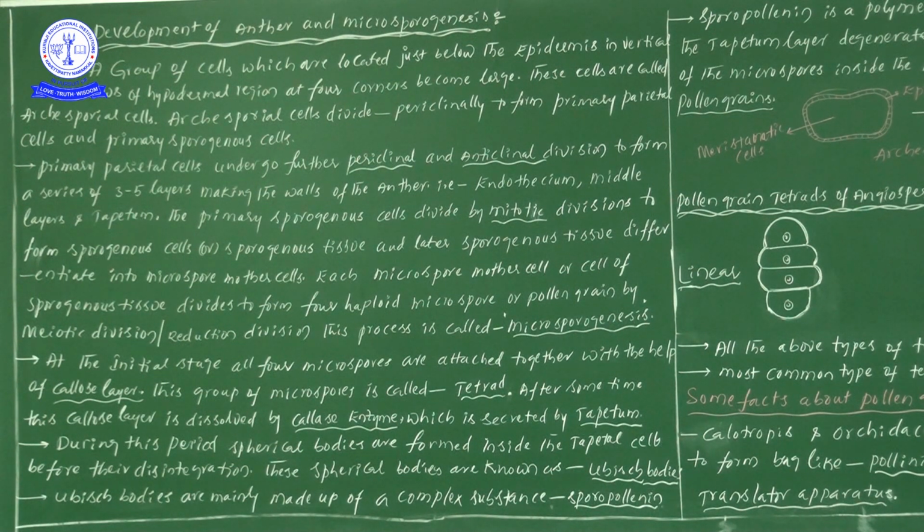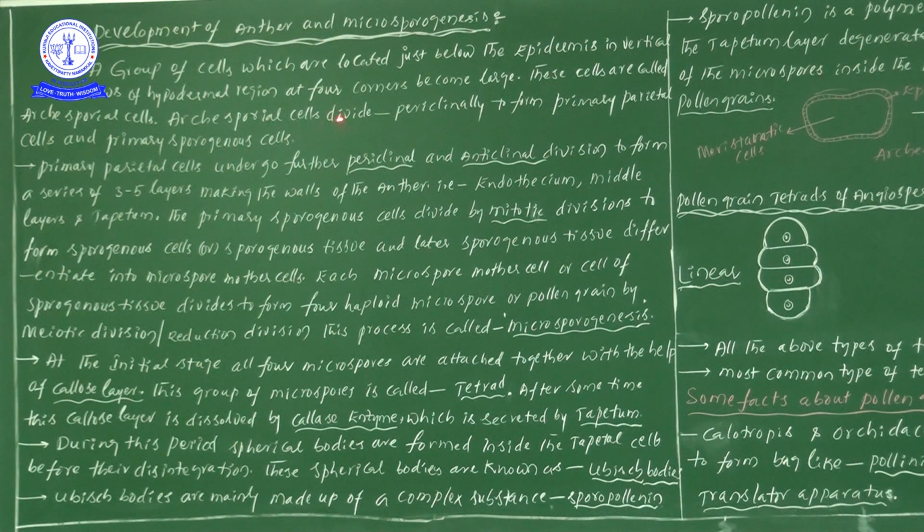This point we have already seen in the previous video. Next, these cells are called archisporial cells, the cells that become very large just beneath the epidermis.